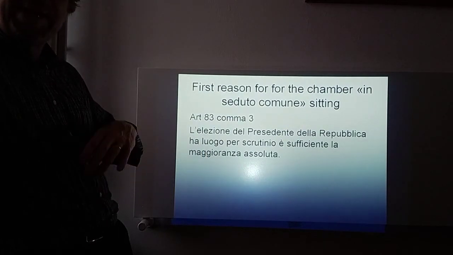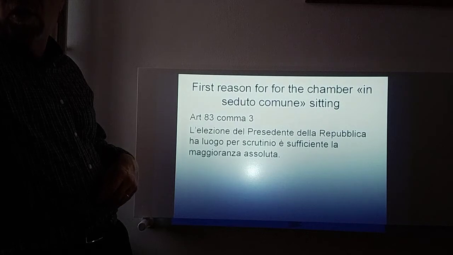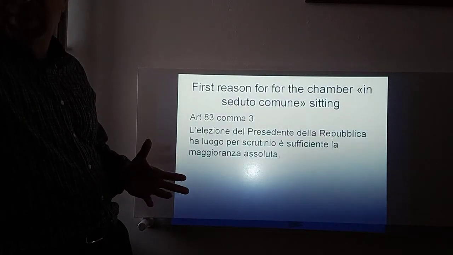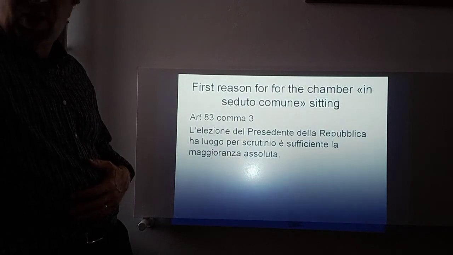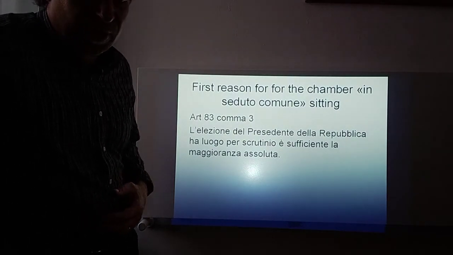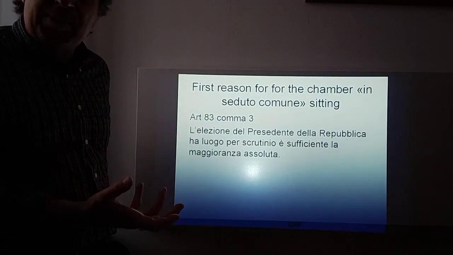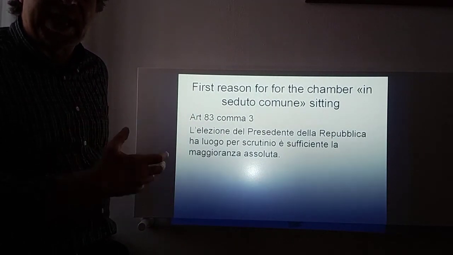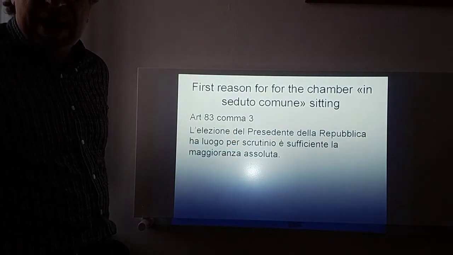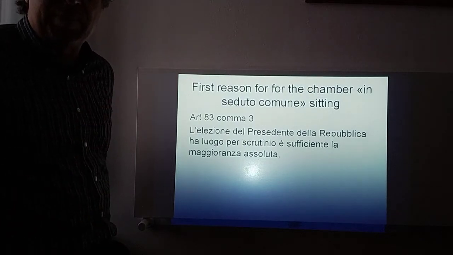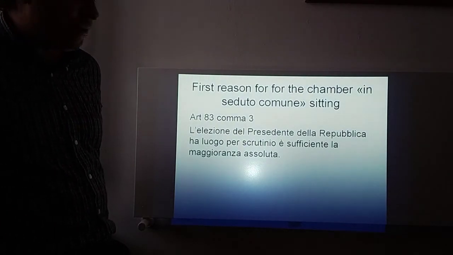Maggioranza assoluta means absolute majority. Simple majority means just the majority of those present. An absolute majority means a majority of those who are members. So even if they're absent, you're still going to need 51% of the vote, including the people that are absent.